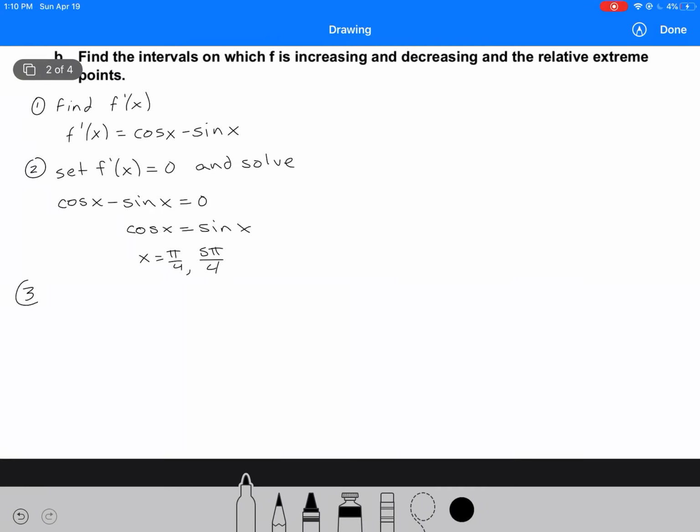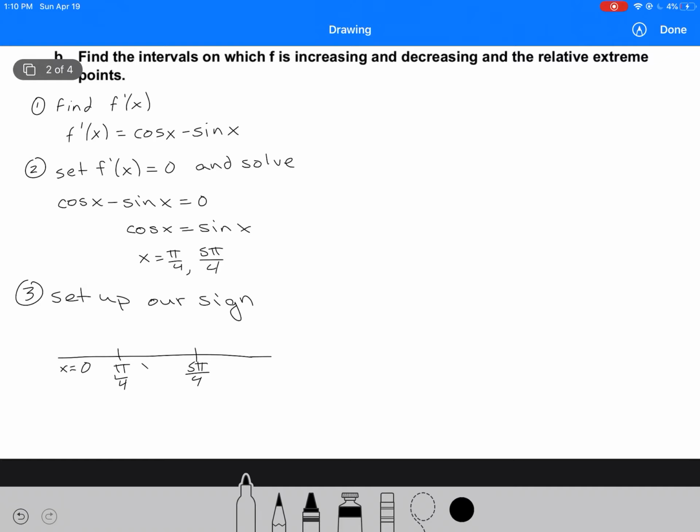This gives us enough information to set up our sign table, because we want to know what the first derivative is doing on the left side of that first 0 point, in between the two 0 points, and then to the right of that 0 point.